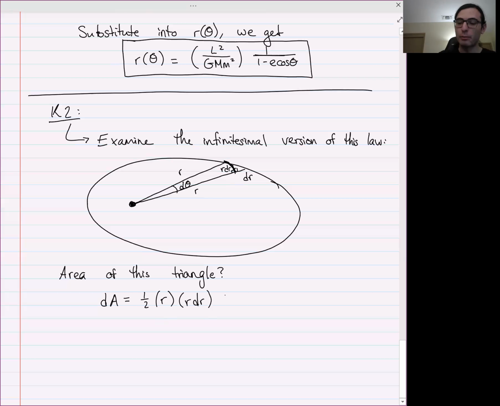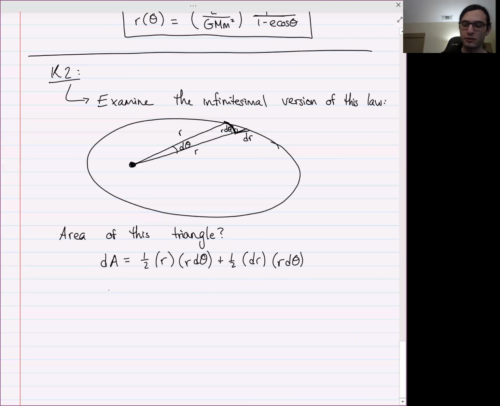And then we have to add the remaining bit, which would be 1/2. The base of that other triangle is dr, times the height, which is also r d theta.